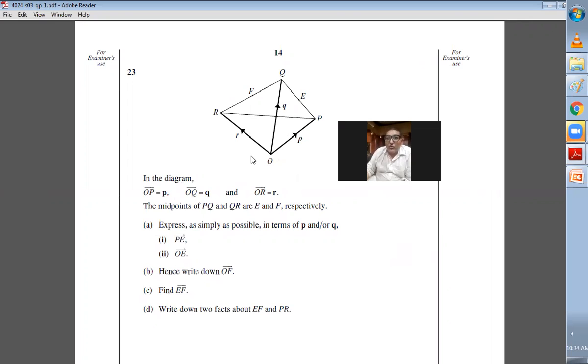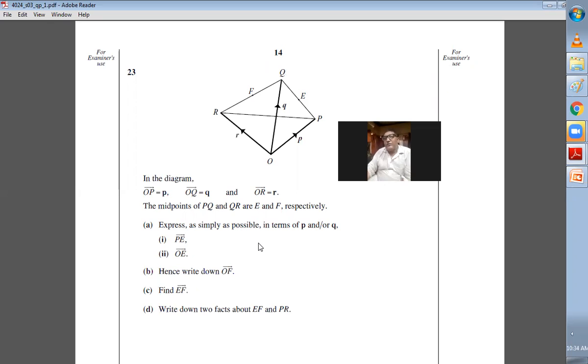O to Q is q, and from O to R is r. E and F are the midpoints of PQ and QR. If E is the midpoint, then the ratio here will be 1 and 1.